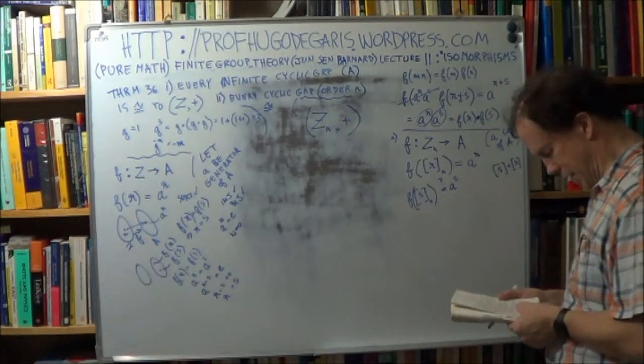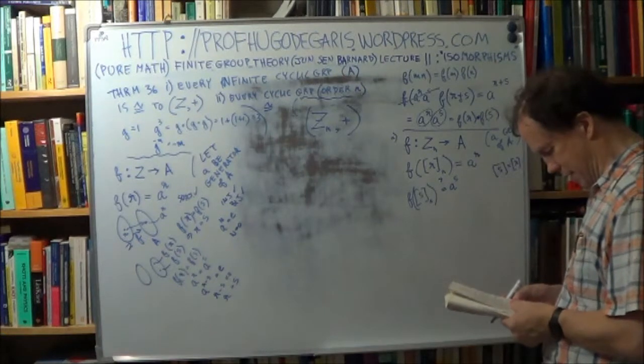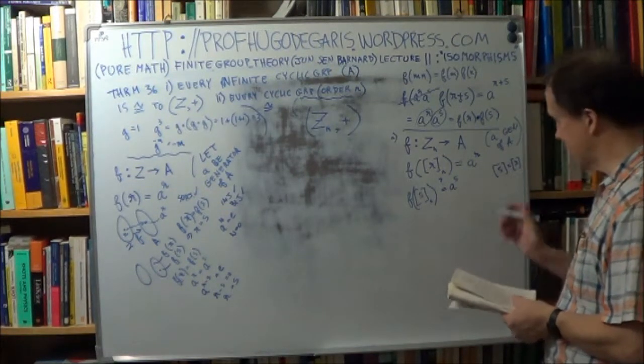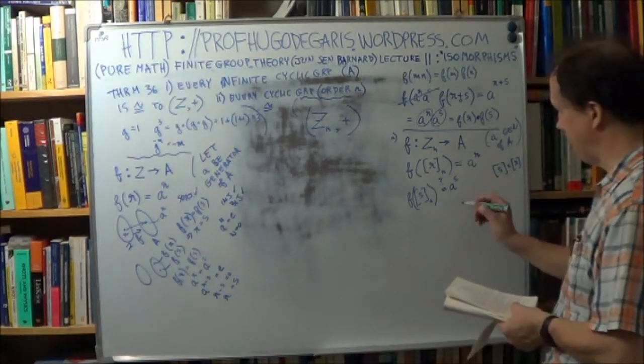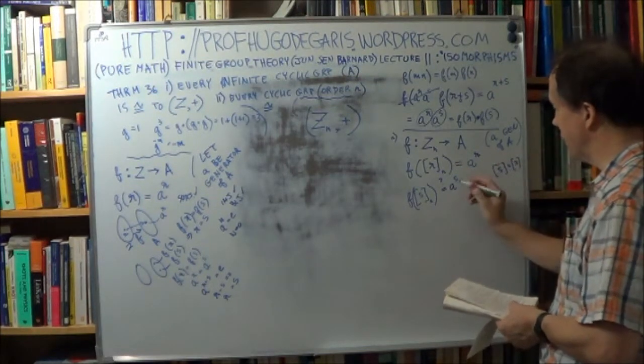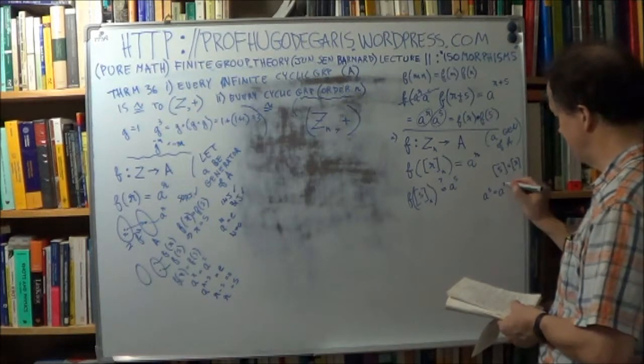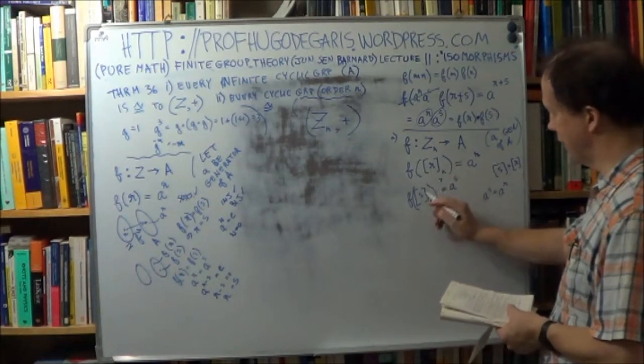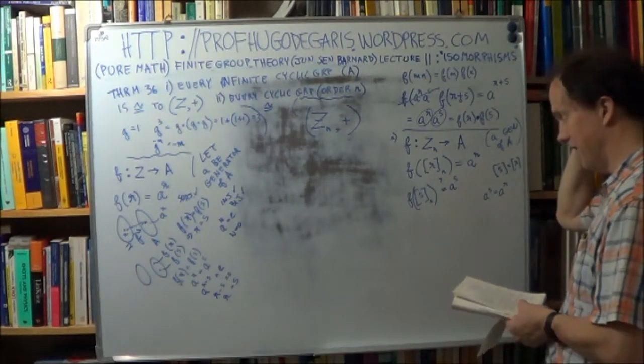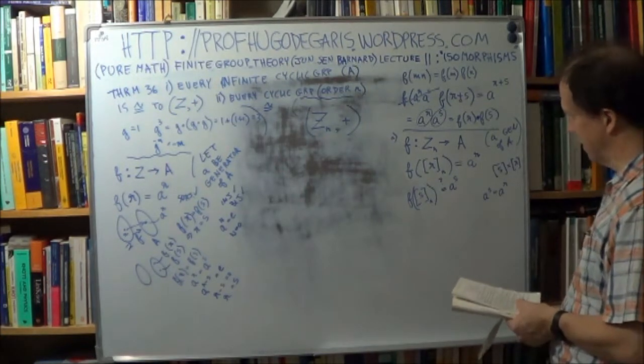In other words, I need to show that a to the S equals a to the R, because these are the same residue class.